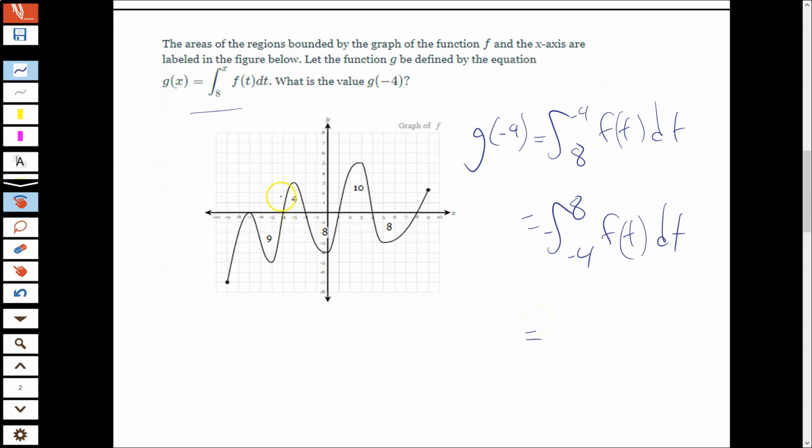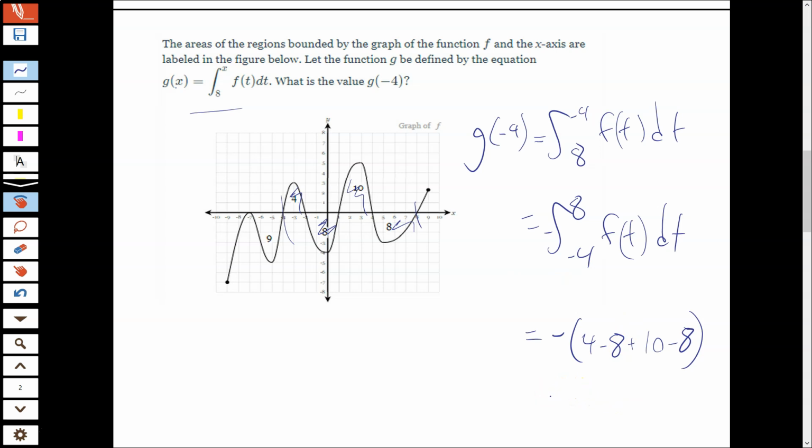So let's mark out my bounds from negative 4 to positive 8. So this would be negative parentheses, so that's that front negative. And then 4 minus 8 plus 10 minus 8. So that's just my areas, positive or negative based on whether they're above or below the x-axis.